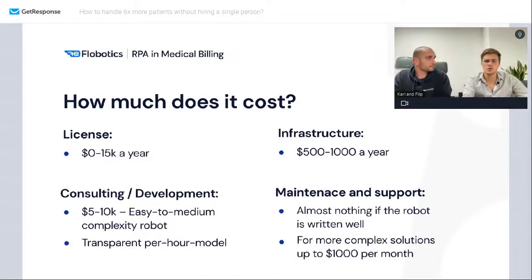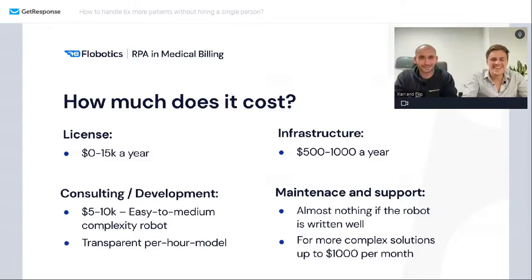Support and maintenance. So how does that work? Just tell me how this works. So it depends on the robots you build. If you have simple robots and if they're built well, there are almost no support costs, because I've had automations run for 3 years without anything happening, actually. You must be good, buddy.